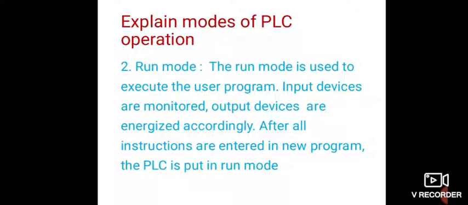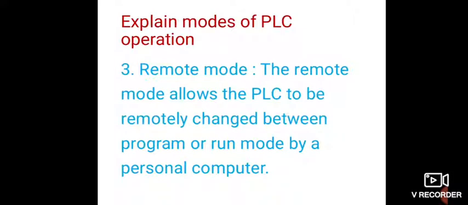Then according to the program the outputs are generated and the status is stored in the output status file, and according to the output status file the actuators are energized accordingly in the run mode.